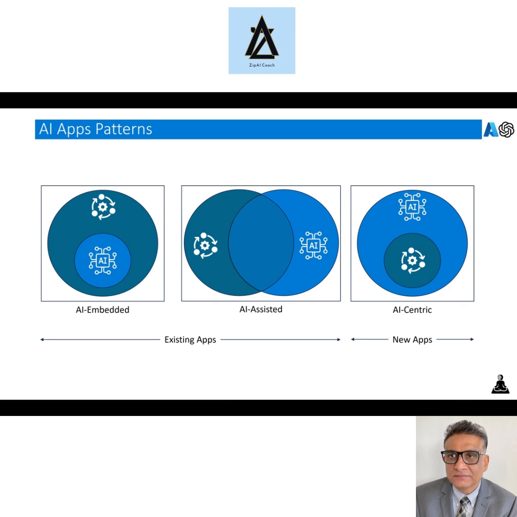It is embedded in your current applications. The second one is AI assisted, where you have an application supported by an application running in parallel. So you typically have a main application and a sidebar or side pane, which provides an assistant based on what is being done in the main application.